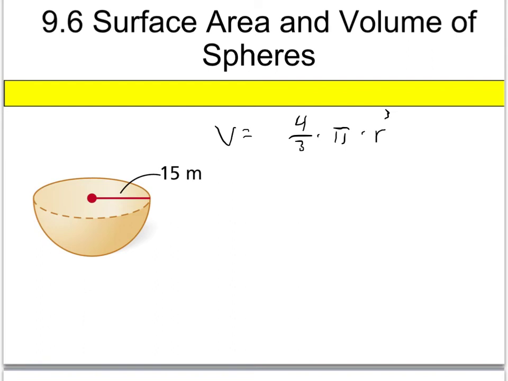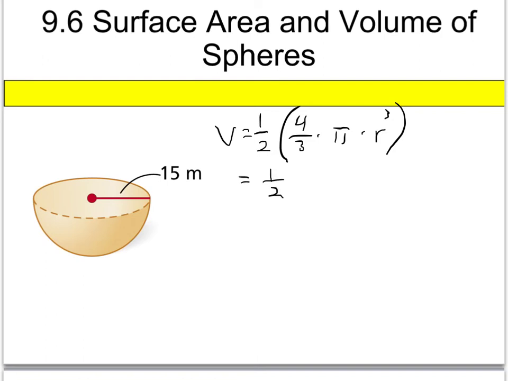But because we have a hemisphere, we have to take this entire thing and multiply it by half, because a hemisphere is half of a sphere. So when you take half of your overall answer, you get your hemisphere amount.